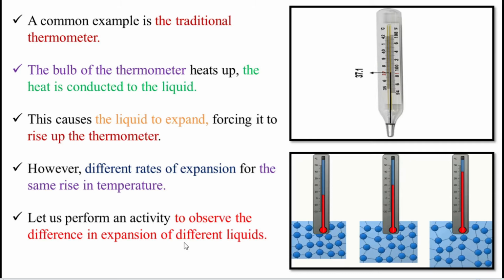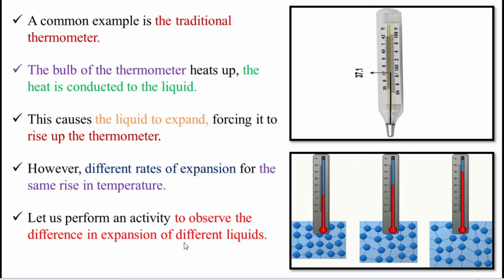The heat is conducted to the liquid. The body temperature makes the mercury expand. The expanded mercury rises in the thermometer and shows our body temperature. So this causes the liquid to expand, forcing it to rise up the thermometer.